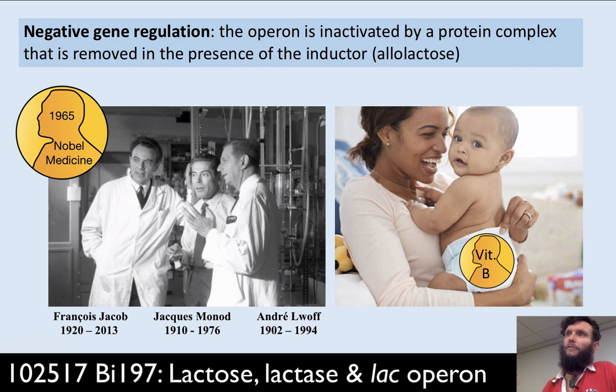So if you give 40 grams of lactose via breast milk and then 40 grams of lactose via formula, more of the lactose in the formula is going to be assimilated, whereas in the child that had been breastfed, less will be.